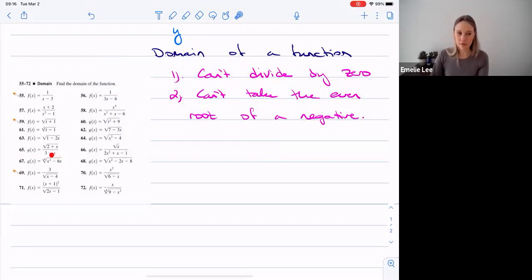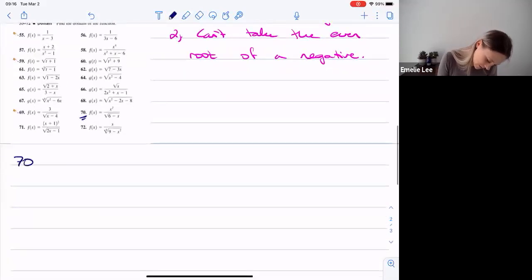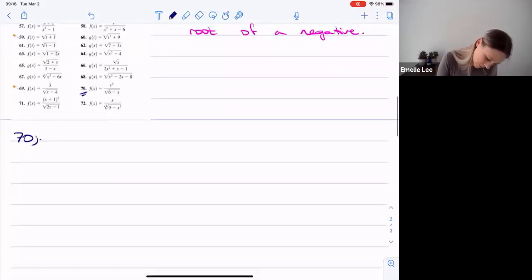So then we were dividing, so we had to find the overlapping domain, which is we can't divide by 0 and we can't take the root of a negative number. Okay, so let's do 70 because I want to have the root in the denominator and see how that plays out. So let's do 70 for review.